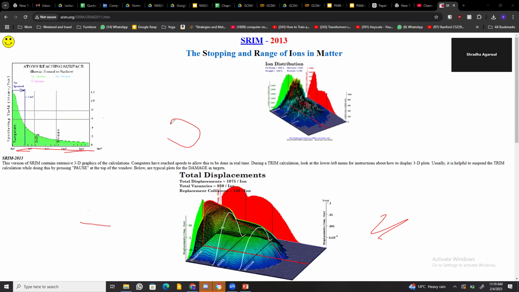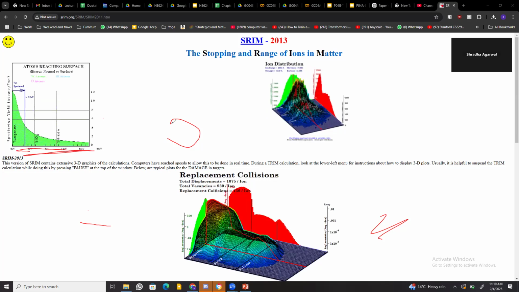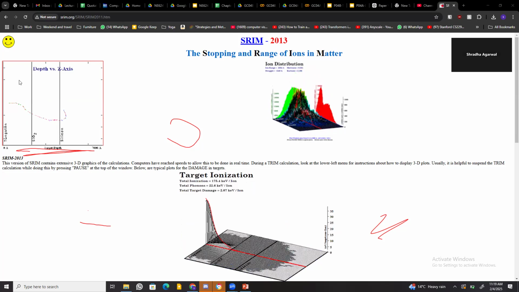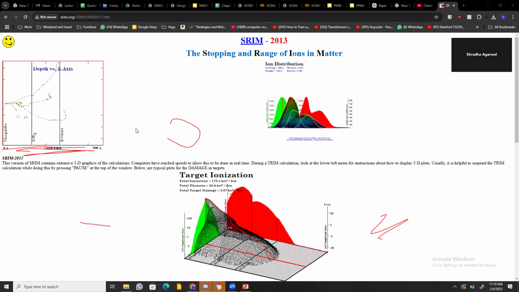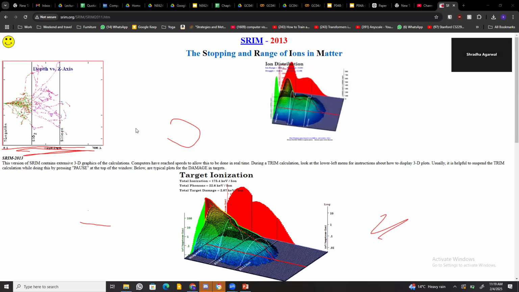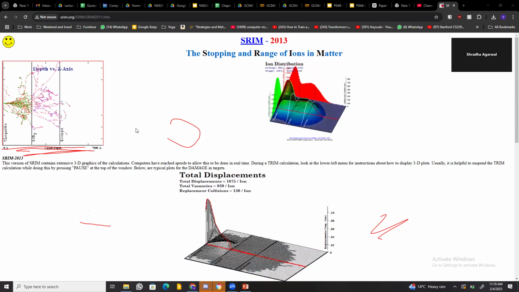I want you to plot this. There is an incident ion, and it goes inside. Slowly, I'm increasing the number of ions, and the collisions are increasing.